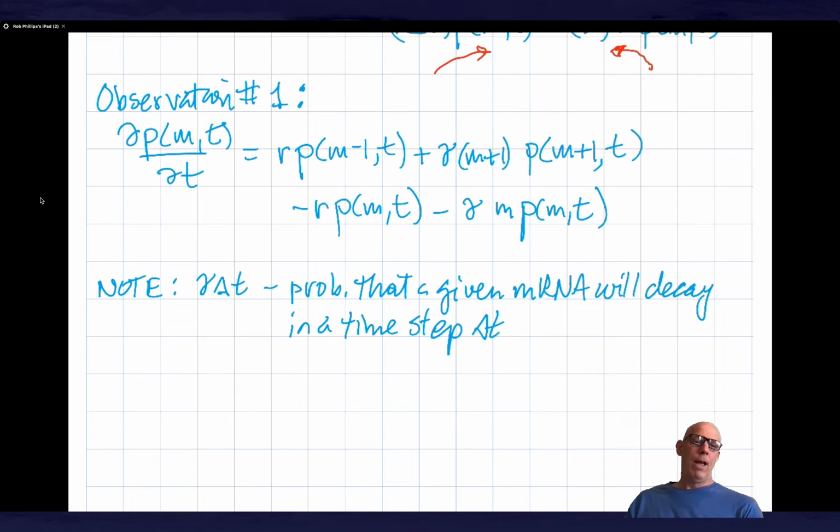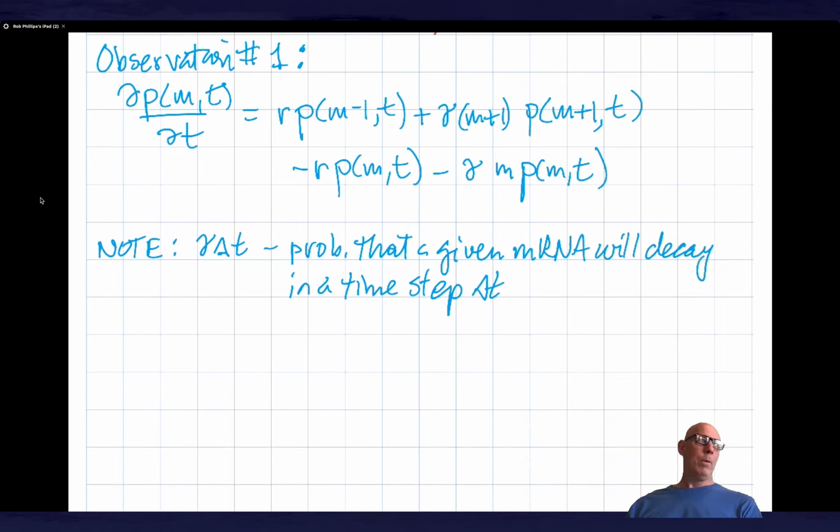I have M of them, or M plus 1. Up here I have M plus 1 of them. Every one of them has the likelihood gamma delta T of degrading in the time step delta T. So I have to multiply by how many of them there are, because each of them is a candidate for destruction in that time interval. Anyway, this is the differential equation form of the master equation for the constitutive promoter.